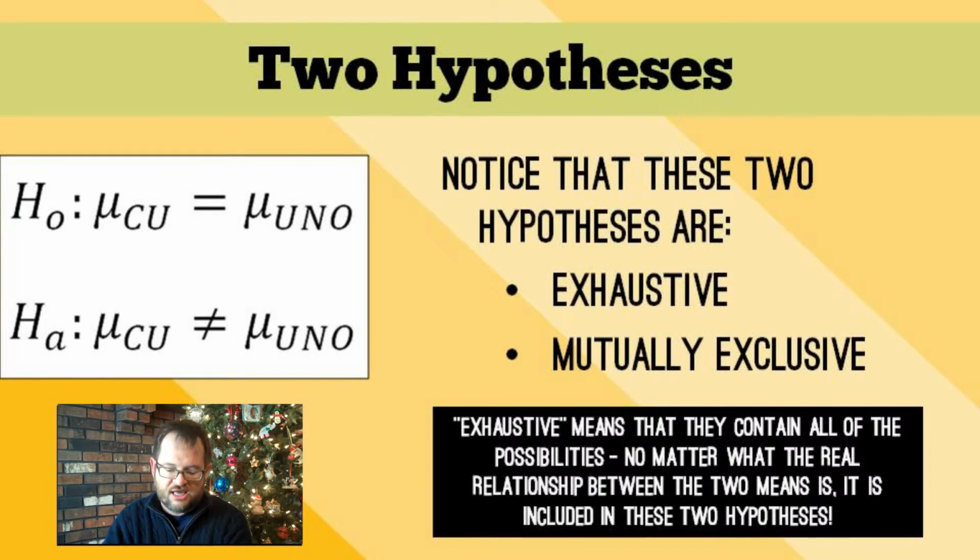If the null hypothesis was that they were equal and the alternative hypothesis was that one was taller than the other, what about the possibility that they are shorter than the other? So no matter what, you have to write the two hypotheses so that they are exhaustive. No matter what the result is, it has to fit into one of those two hypotheses.